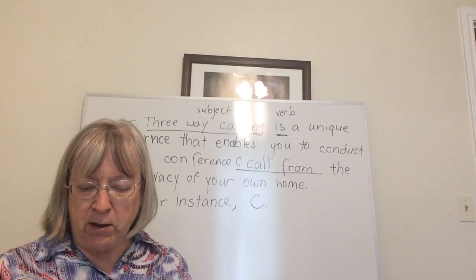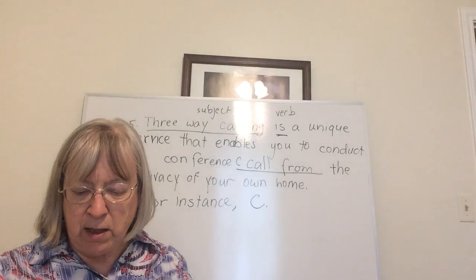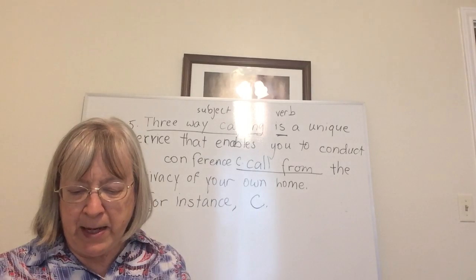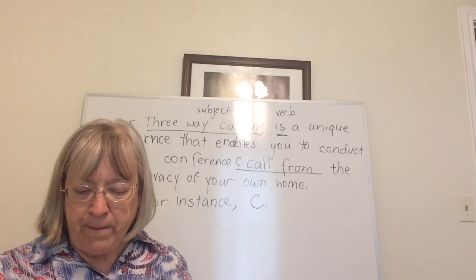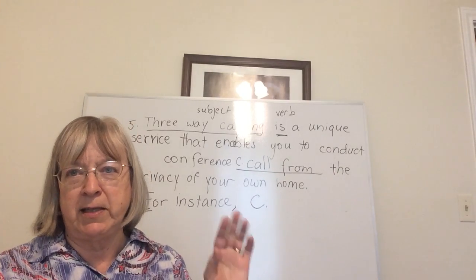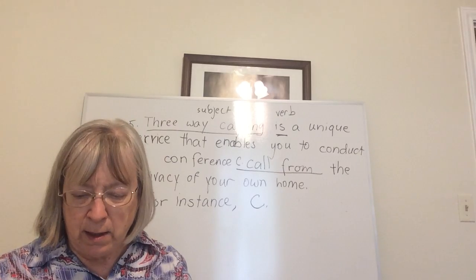So A is incorrect. This useful and convenient service, it can be yours for only pennies a month. Well, service and it would be 2 subjects that are repeating themselves. So that is not correct.